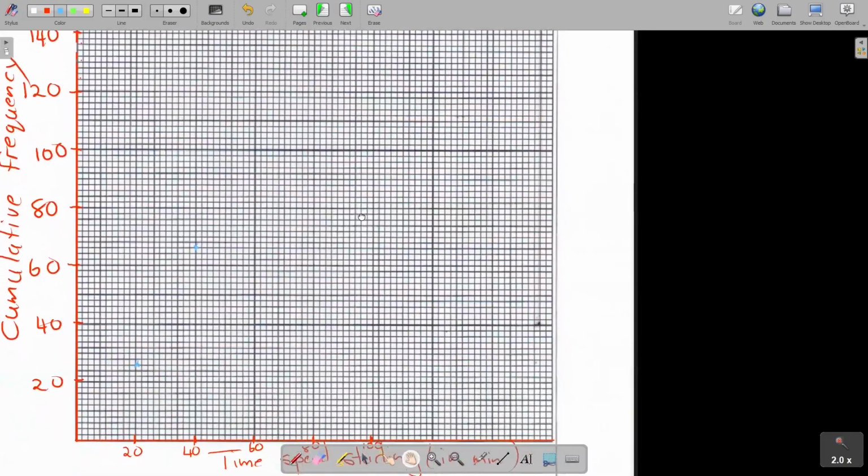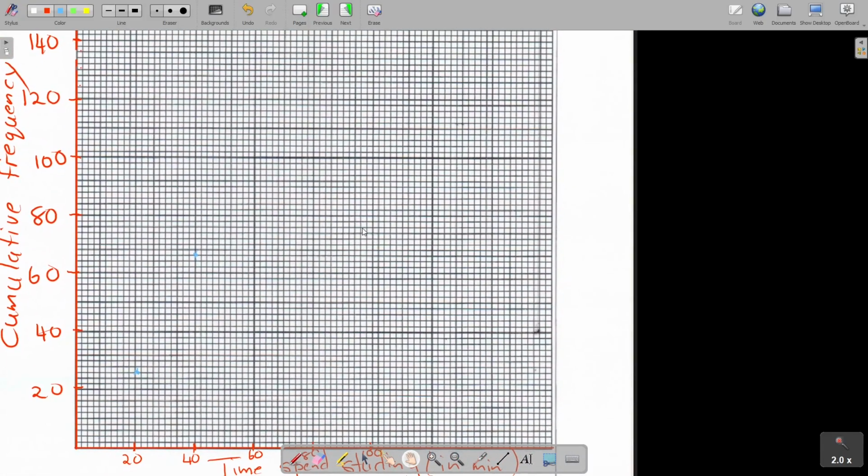At 60, I think that one will still fit. So at 60, it's 116. So 10, 12, 14, 16. And then at 80, it's 146. So now I have to go a little bit.